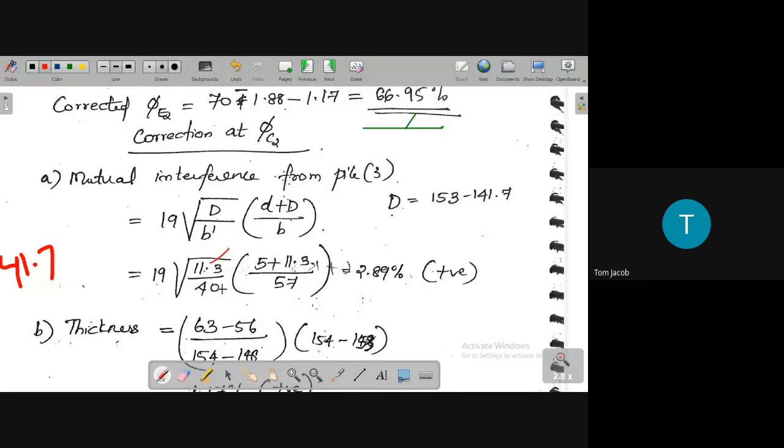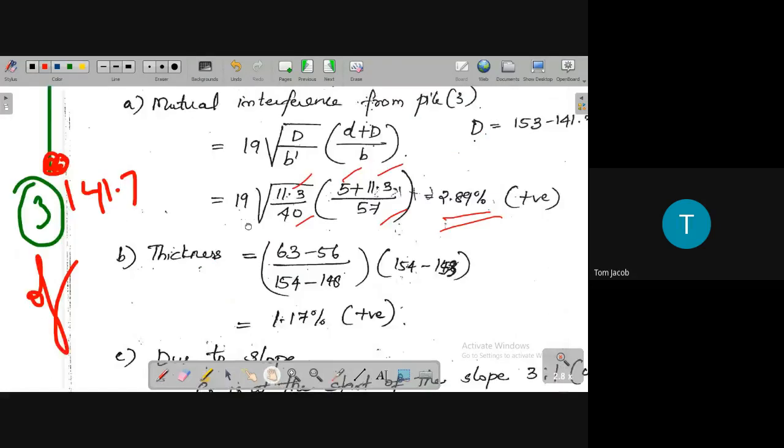Capital D is 11.3, B dash is 40, then small d, capital D, and small b, that is the entire line. So that is 2.89%. That is positive, because the considered pile 3 is in the forward direction of the point that we are considering. So that is positive.